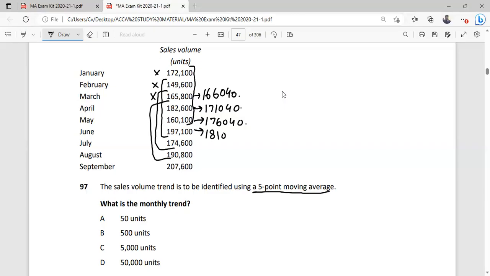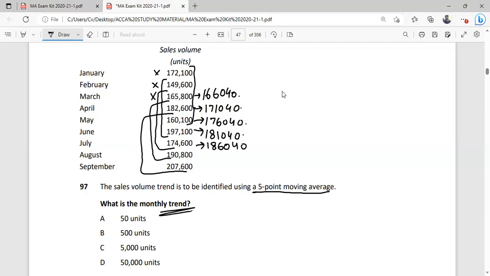So the average is 181,040. Then we will start from here and we will go up till here, starting from 160,100, 197,100, 174,600, 190,800, and 207,600. So we have the moving average of this value.